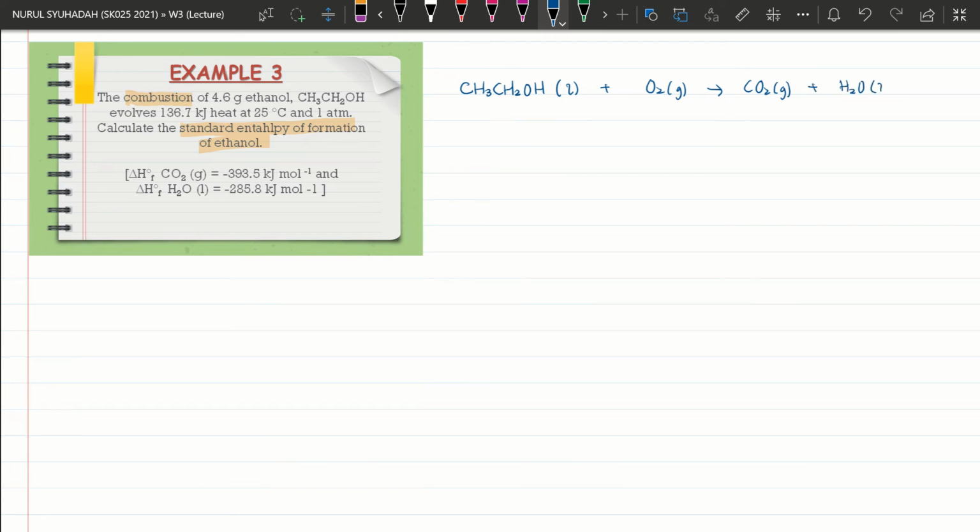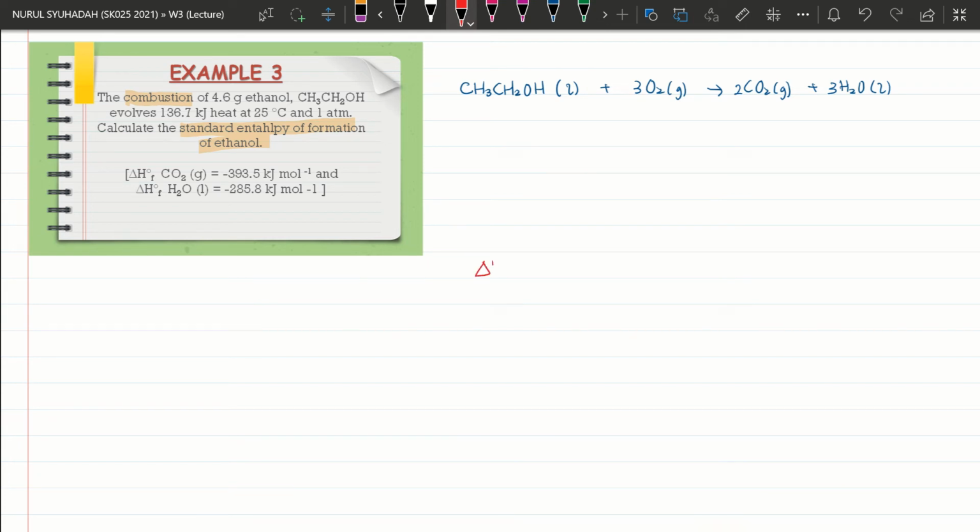Okay, so for this one, we balance it first. So 2 carbon dioxide, 3 H2O, and 3 oxygen. Okay, we need to write it as a thermochemical equation. Since we want to use the third method, I just write it down here.